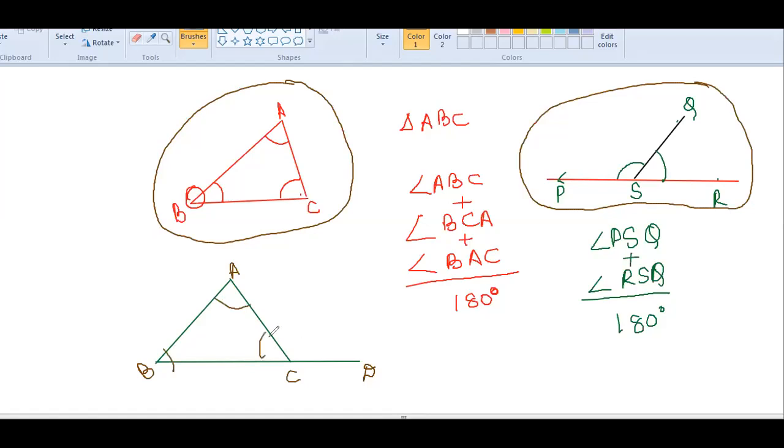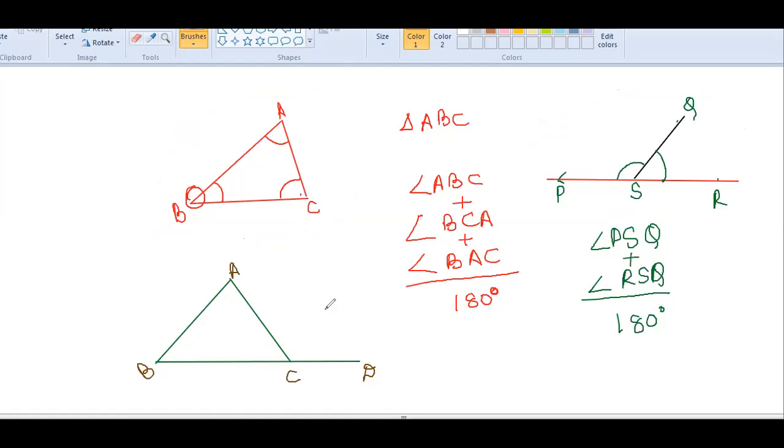Here, the addition of these three angles is 180 degrees, and the addition of this angle and this angle is also 180 degrees.